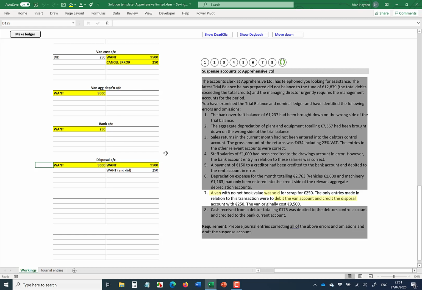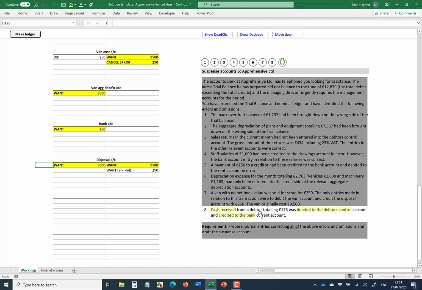And that's actually a type of transaction that has come up in a few of these questions, so it is worth maybe spending a bit of time on this section of the video to ensure that you're familiar with the ins and outs, the debits and credits applying when an asset is sold. Okay, that's item 7.